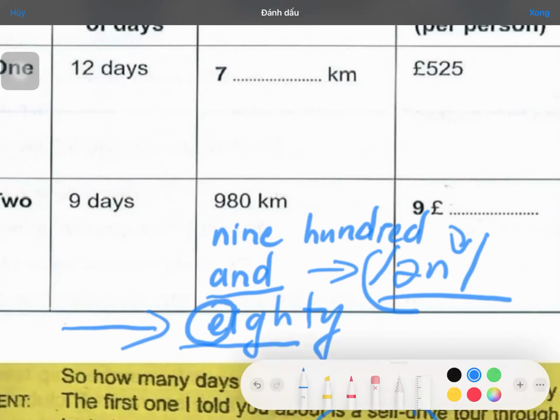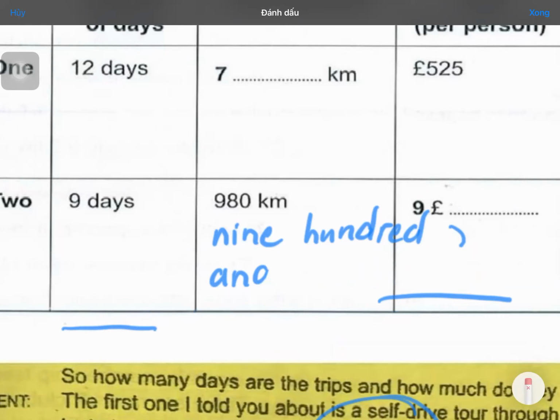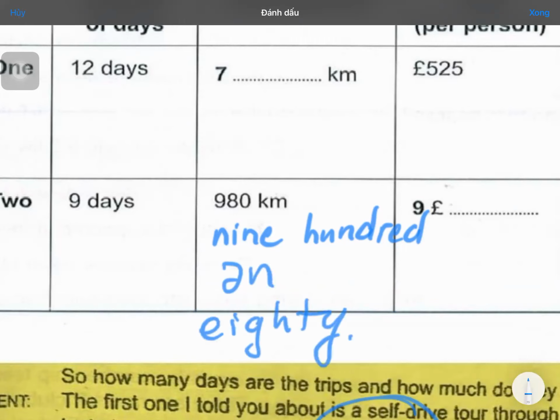So that is the reason why you will hear something like 980, right? You will hear 90 very often when number 8 appears. So the man said in the recording, 980, 90.